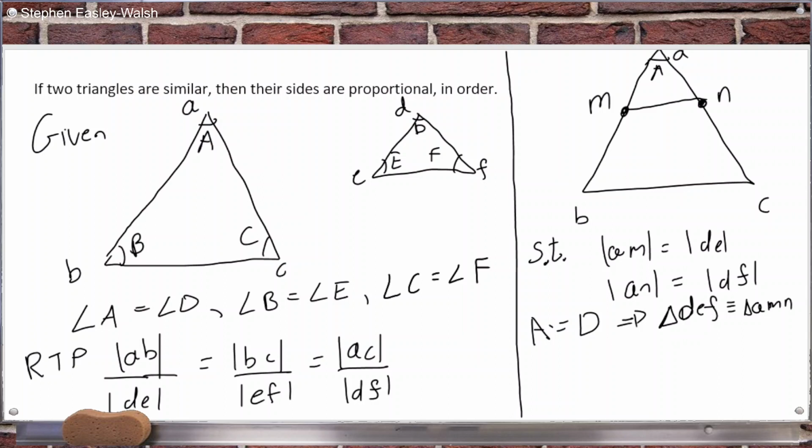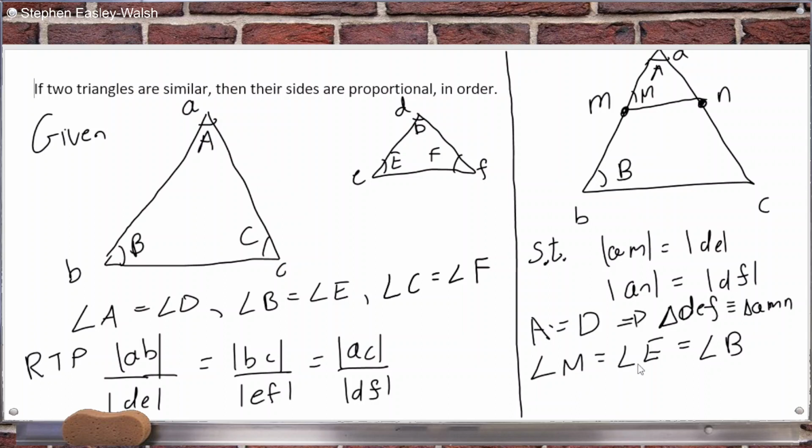Next now. It would be nice to show now that this line MN is parallel to BC, and we can do that because of the angle here, let's call this angle M. The angle M is equal to the angle E, which is equal to the angle B, which is then here.